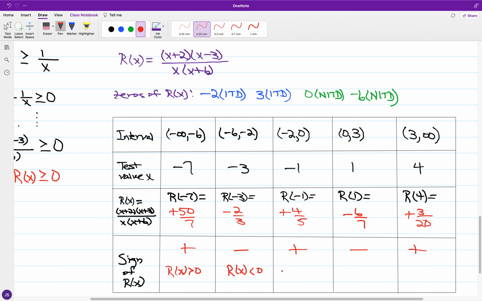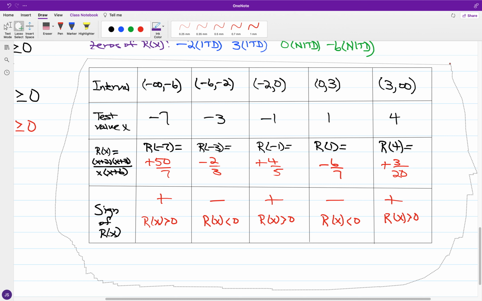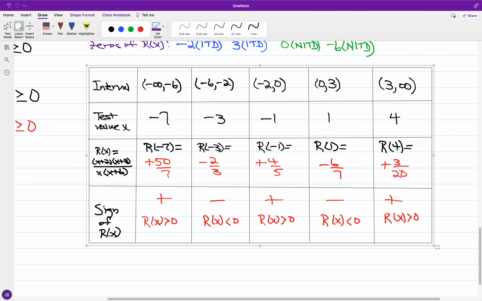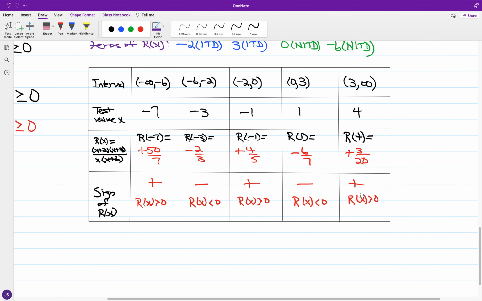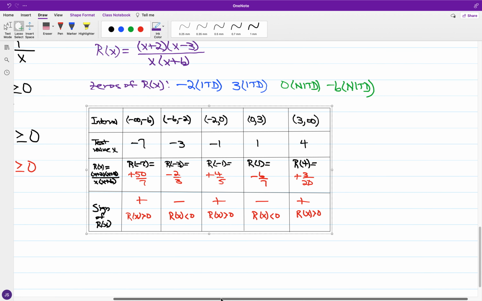So you have alternating between greater than and less than 0, using the table as the reference.